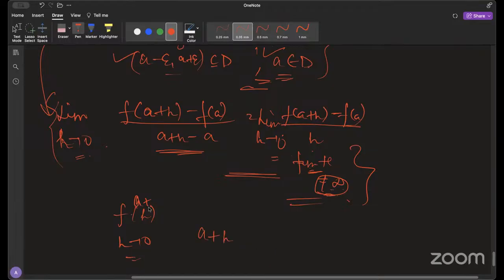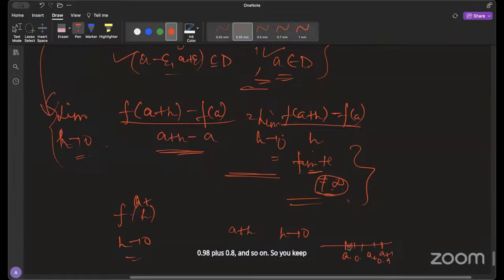You want your a to be in the domain, right? If you need to find the derivative at a, you need a plus h, where h is tending to 0. So this is a, and this is a plus 1, a plus 0.9, a plus 0.8, and so on.